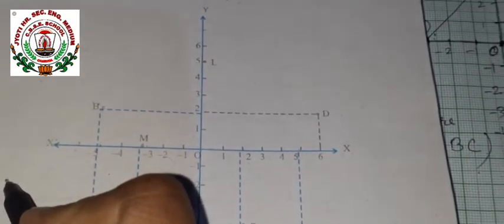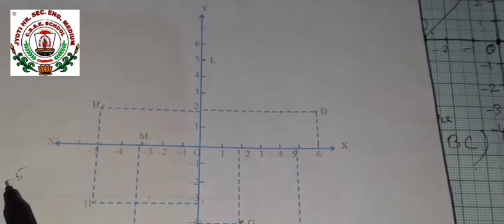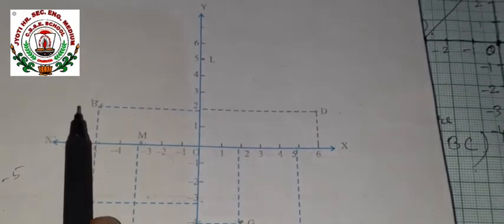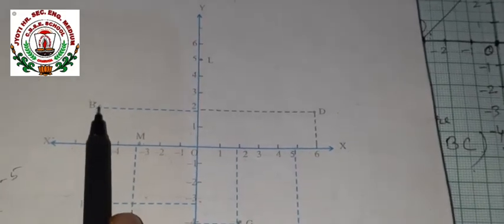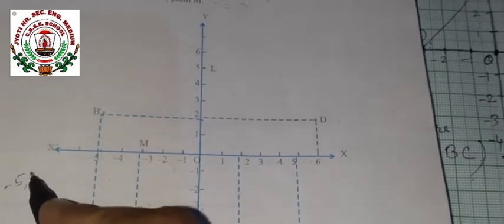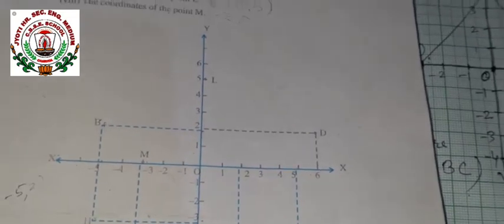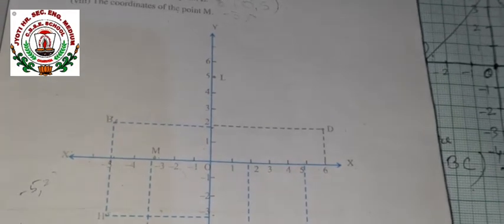X will be what? Minus 5. Okay, x value will be minus 5. Same way y, where it is touching in y-axis. This is y-axis we know. So this B point here where it is touching 2. So the coordinate will be how much? Coordinate will be minus 5 and 2.